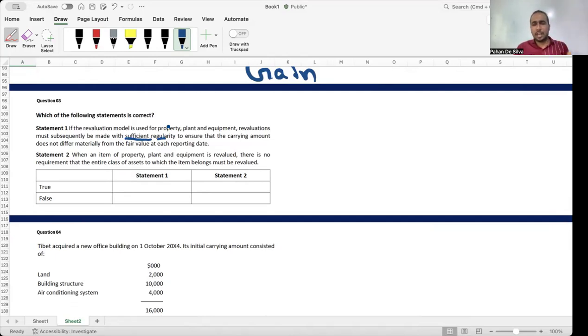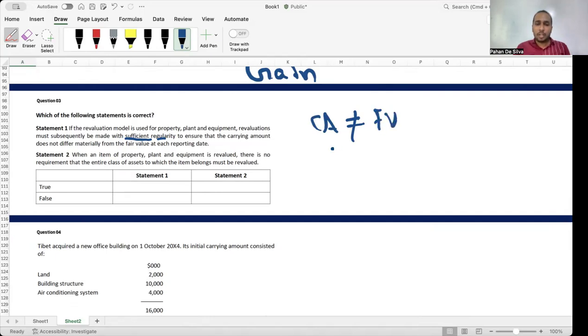There is no strict guideline in our accounting standard for the time interval for which we should perform revaluation. But instead of that, they are giving us a guideline that it should be made with sufficient regularity to ensure that our carrying amount does not significantly differ from the market values or the fair values.